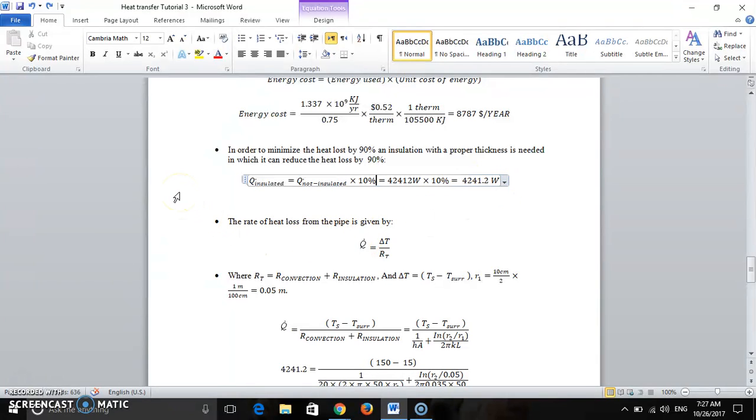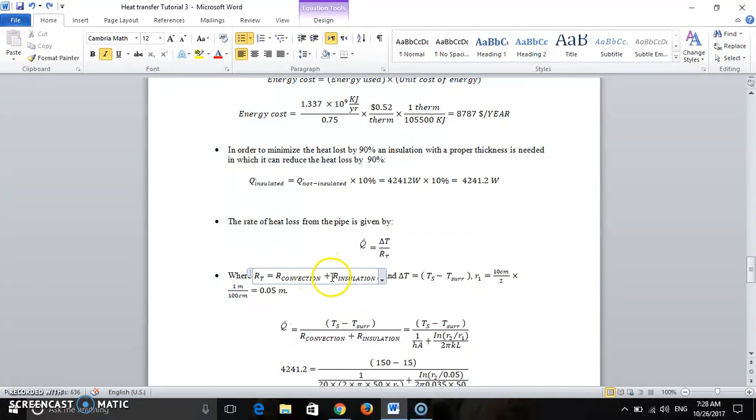So we go back and write our general heat rate or heat loss formula. The heat loss is equal to the temperature difference divided by the total resistance. For this problem, the total resistance is the combination of R convection and R insulation.